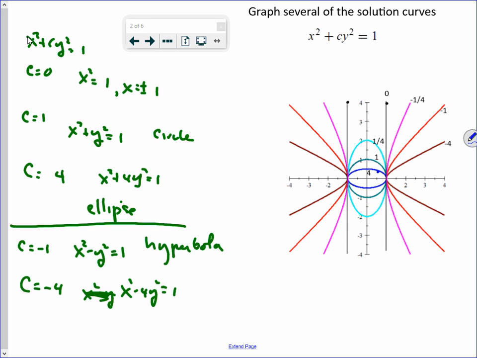When c equals -4, it's this hyperbola that's kind of the dark red one. When c equals -1, it's the red hyperbola, and if c is -1/4, it's going to have this kind of purplish one that's not as skinny. It's much flatter than the other two. So these are what the one parameter family looks like.